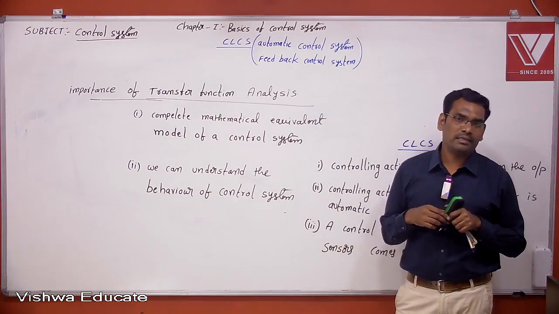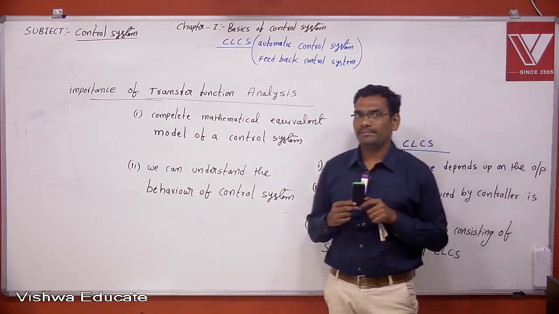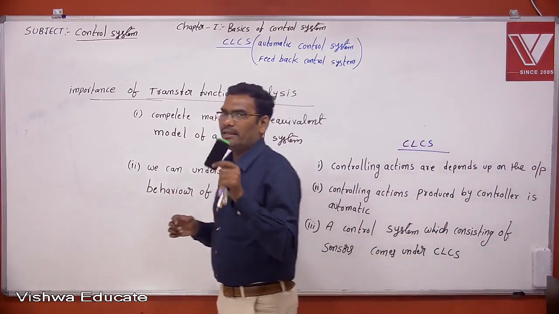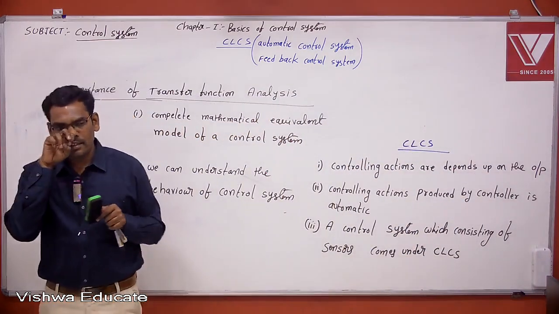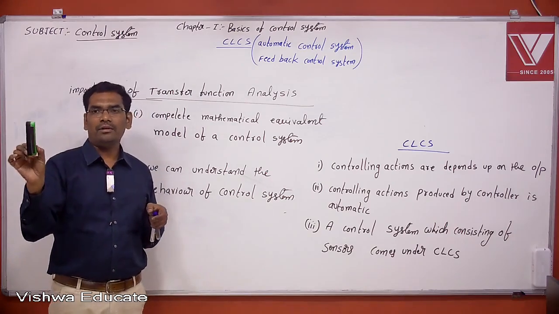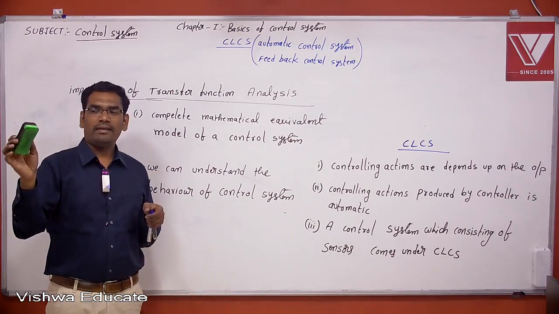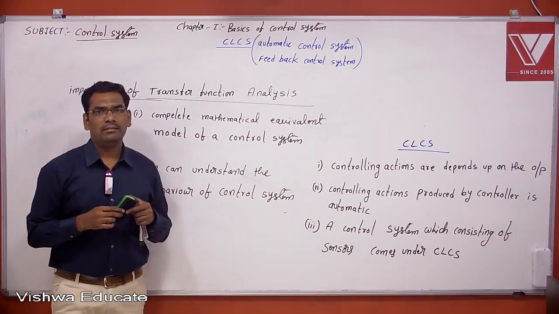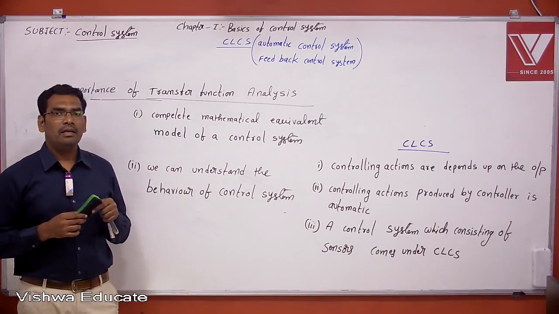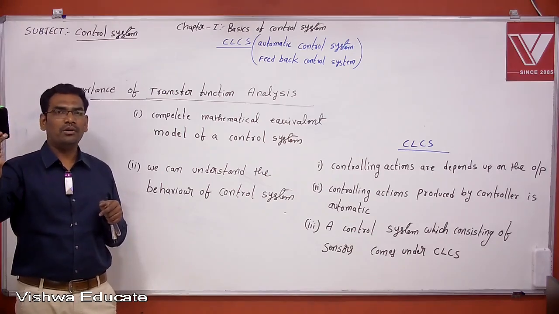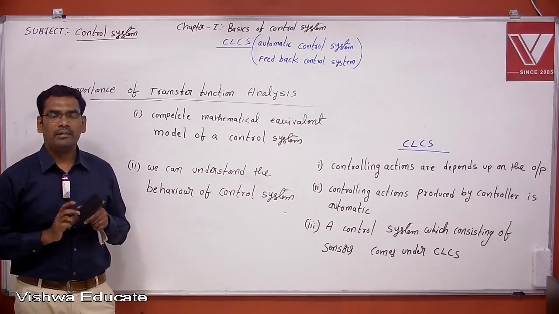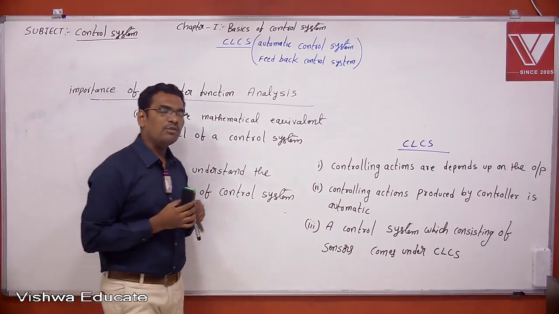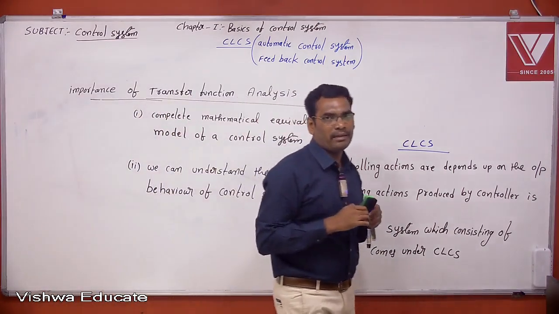Now my question is, you go to a mobile shop to purchase a mobile. One mobile is looking good, very slim, and you purchase it. If a mobile appears to be good, do you purchase it? No, not like that. Then you tell me how you purchase a mobile.